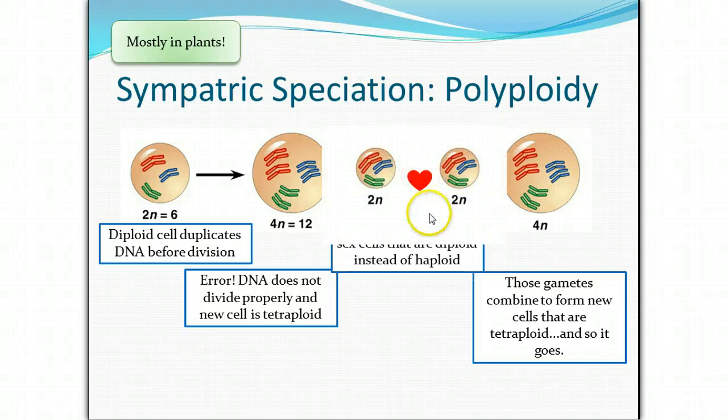Just to prove that, I also made this great image. These are the sex cells, and they have a little heart because they're in love. And they make a new cell that is tetraploid, and now they make a new plant. And that's how they became the polyploidy bunch.